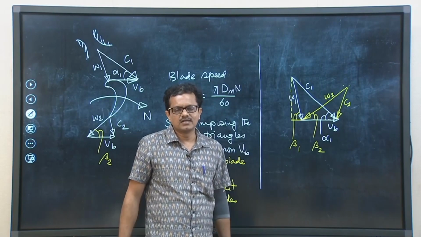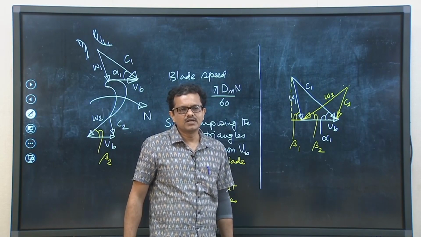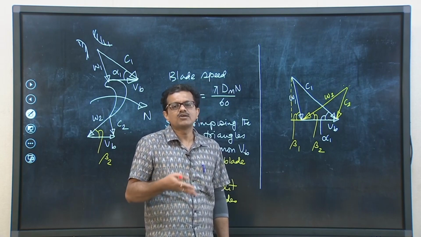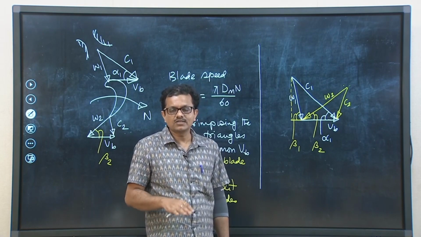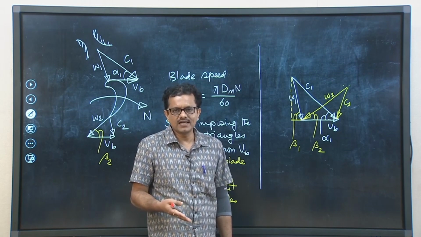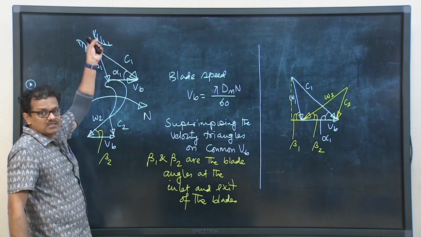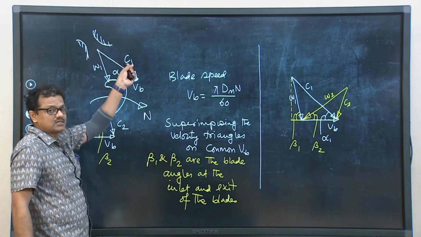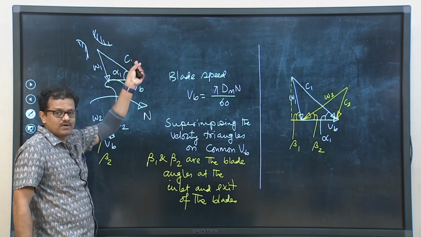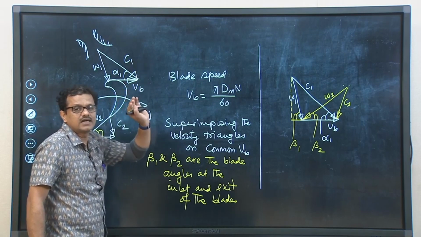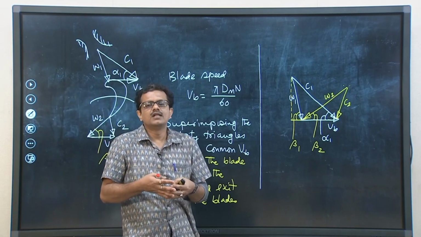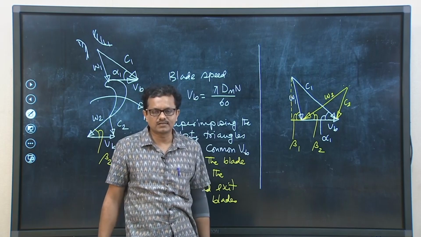Now, from these superimposed velocity triangles, next our objective should be to know about the rate of work done by the jets on the blades. So, basically you know that steam is coming out from the flow nozzle with a velocity C1. If we know the mass flow rate of steam, we can calculate the kinetic energy of the steam jets leaving the nozzle and striking the turbine blades.